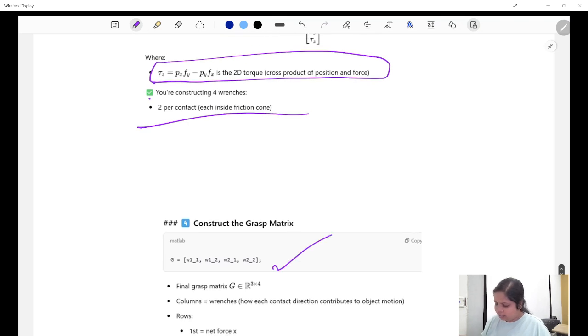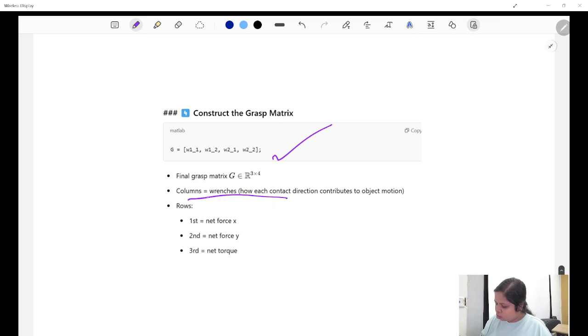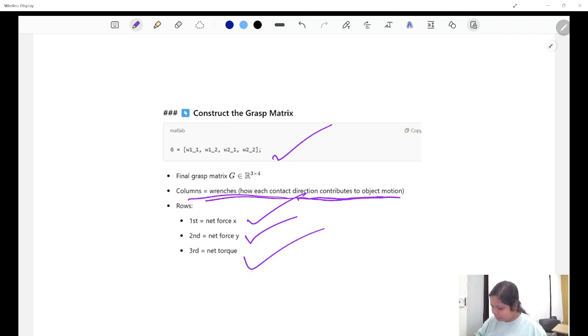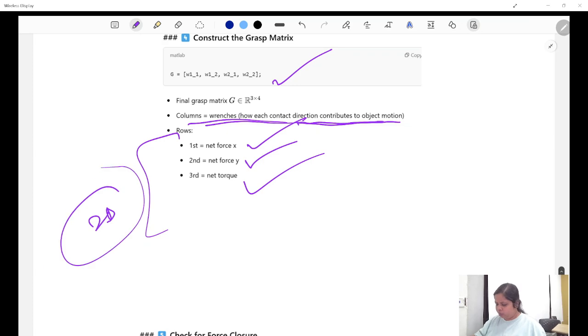When we get the 4 wrenches, we can directly get the grip matrix. This grip matrix has columns which are wrenches, showing how each contact direction contributes to the object motion. First row is net force in x, second row is net force in y, third is net torque. So this is what we get because it is grasping in 2D.